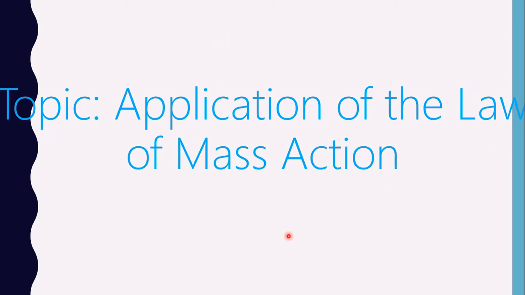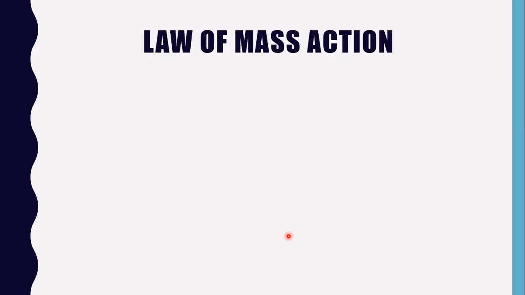Today our topic is application of the law of mass action. Last class we already explained one application of this law, and today we will discuss another application of the law of mass action.